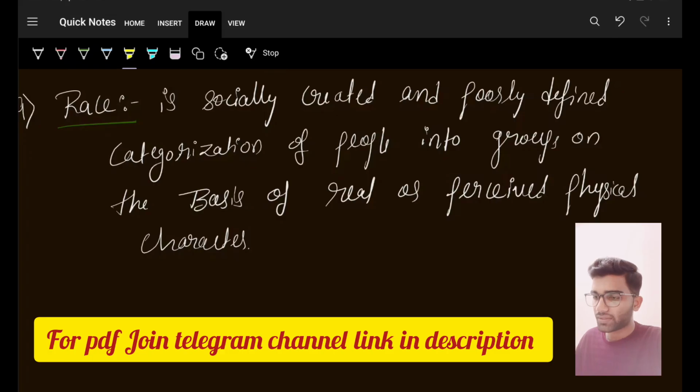Like that, race defines a socially created and poorly defined categorization of people into a group on the basis of real or perceived physical characters, where the main thing is the physical character.